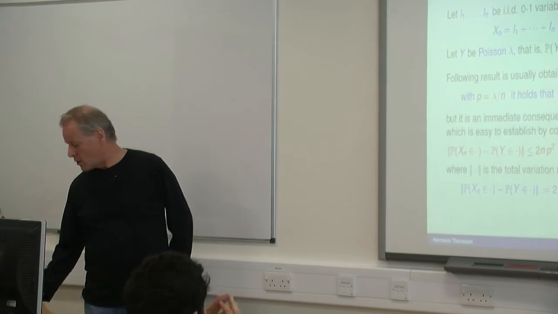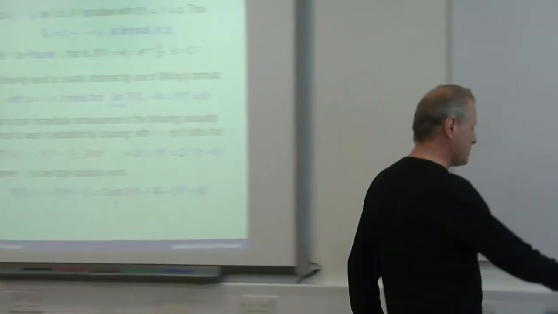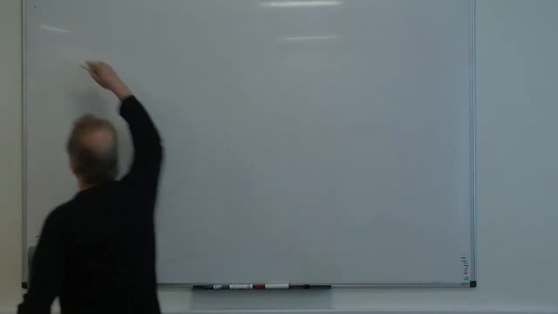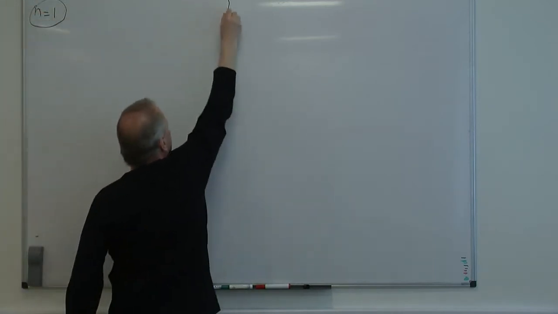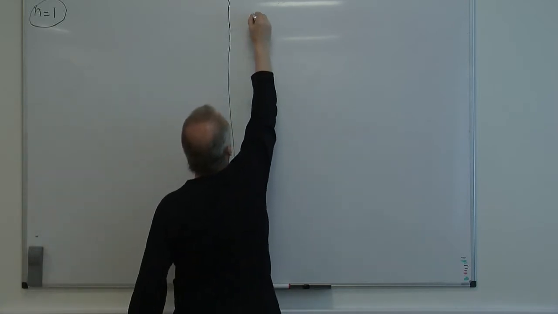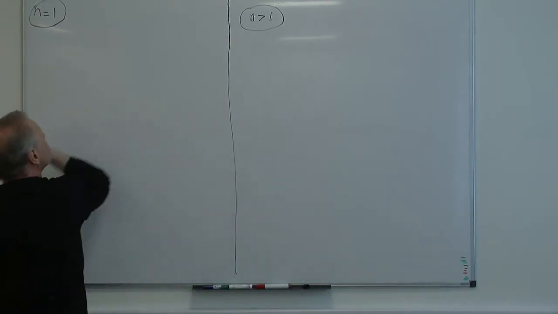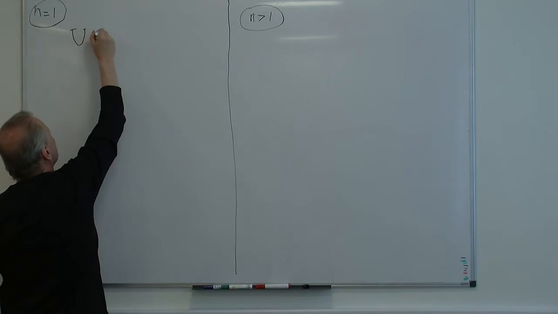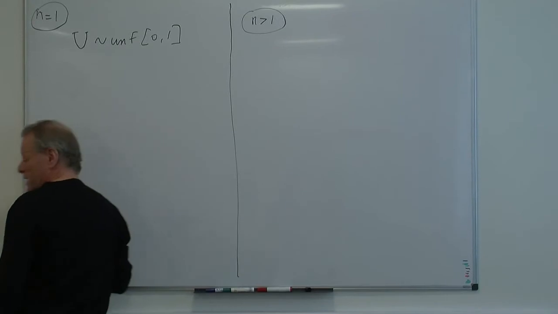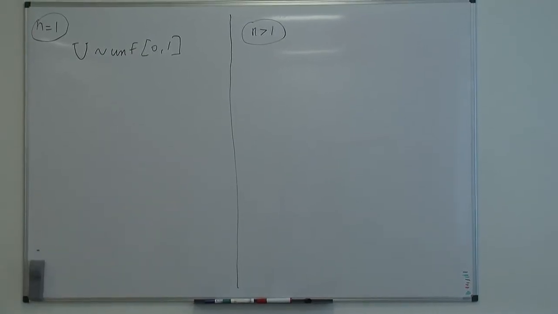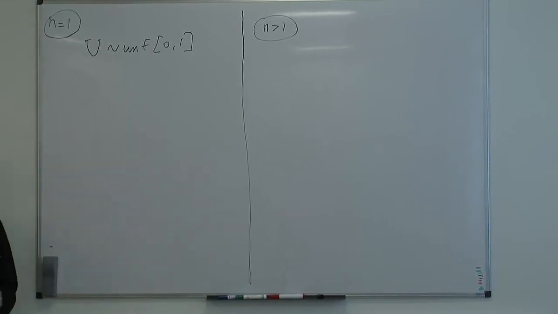Okay, so let's do this. So I will start with n equal to 1 and then take n greater than 1. Okay, so now enters the uniform. So let u be a uniform random variable on 0, 1. It's going to be there throughout these 2 hours.